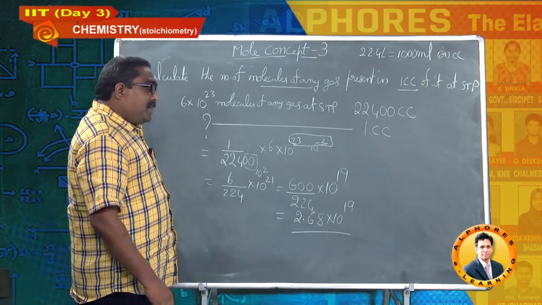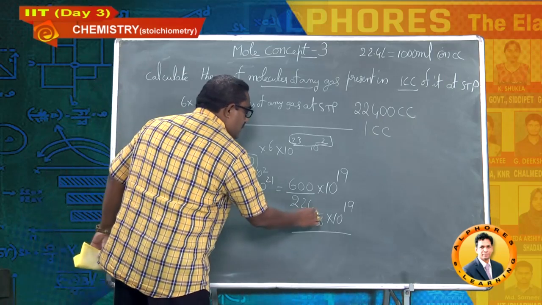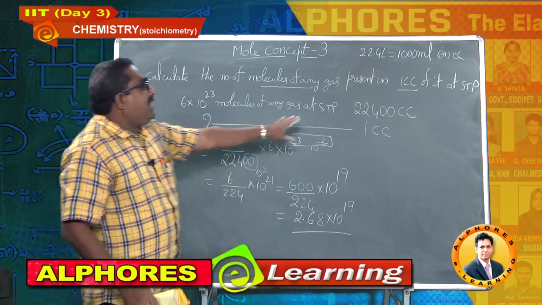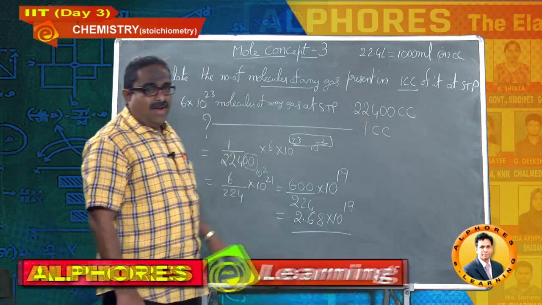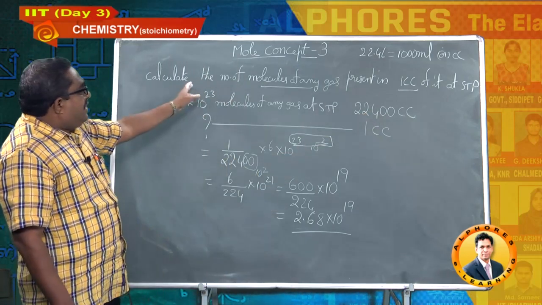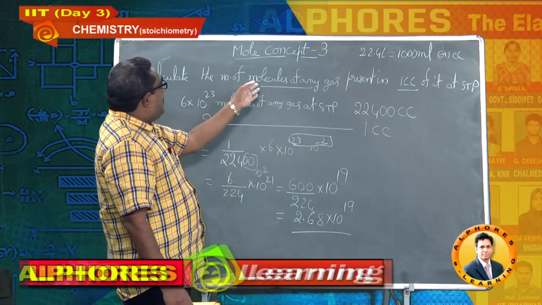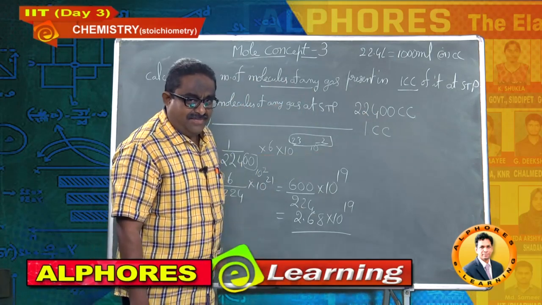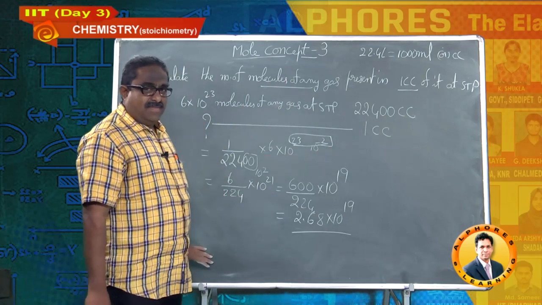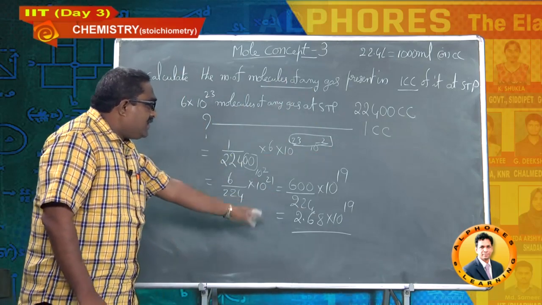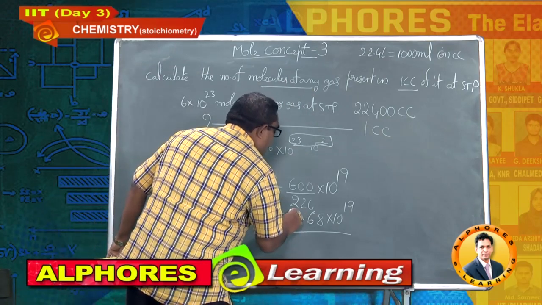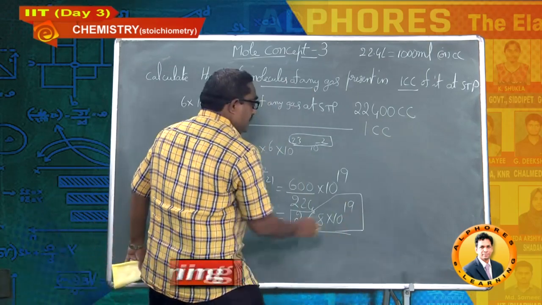Right. I think you have already noted down. And there is a speciality for this number. This is also a constant, just like gram molar volume. Because in the question itself I mentioned, calculate the number of molecules of any gas at STP in 1 cc. So you can generalize this one also, students, and this number is named after a scientist.